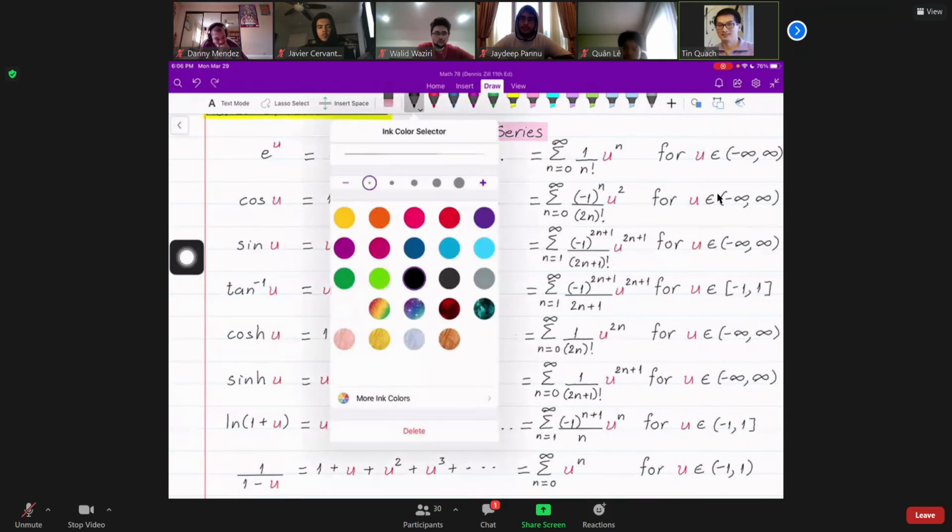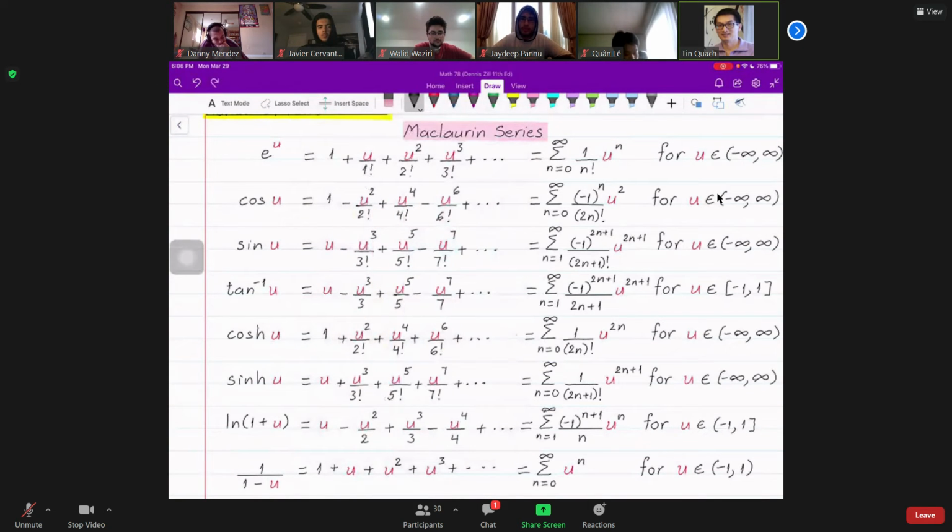It should be u to the 2n. Okay, so I have that right there. And then these are the intervals of convergence that you obtained when you were in calculus 2.